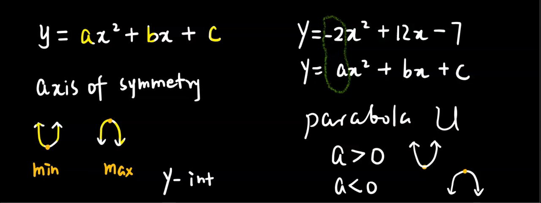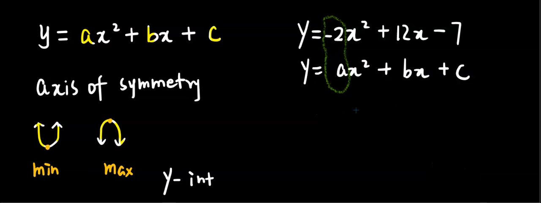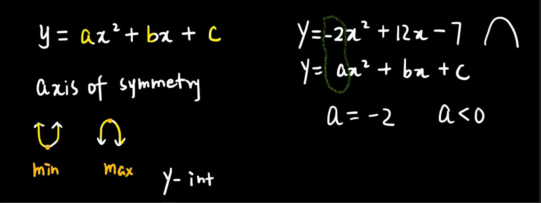We call it the maximum. In this case, A is negative 2. Negative 2 is less than 0. Remember, less than 0. So this graph is going to open downwards. We're going to find the maximum point.